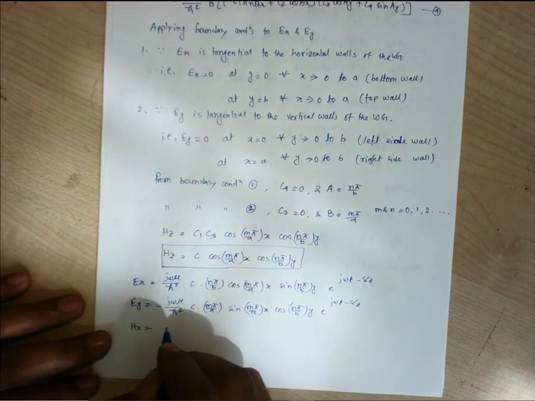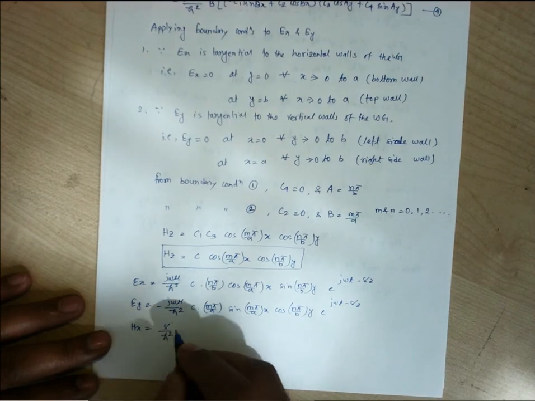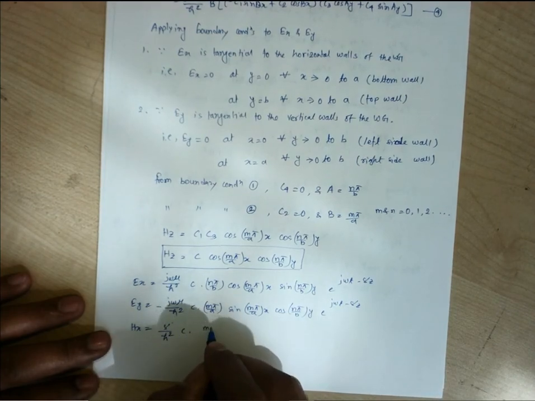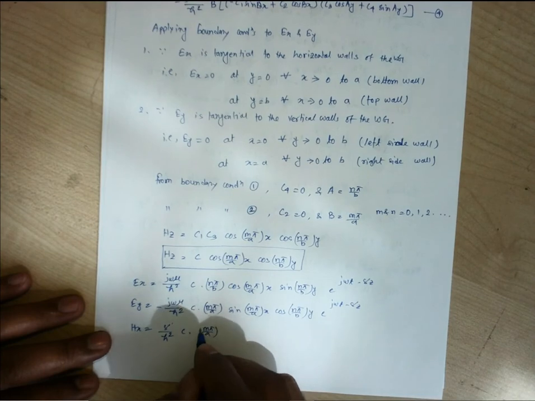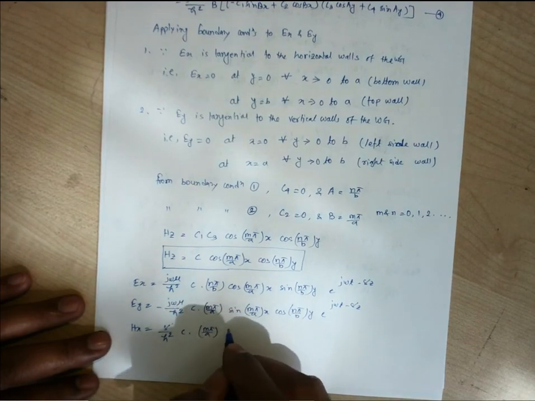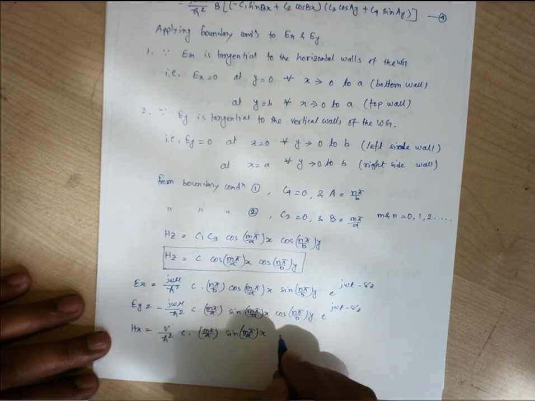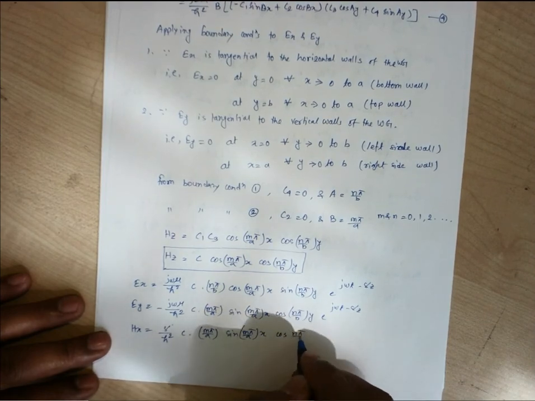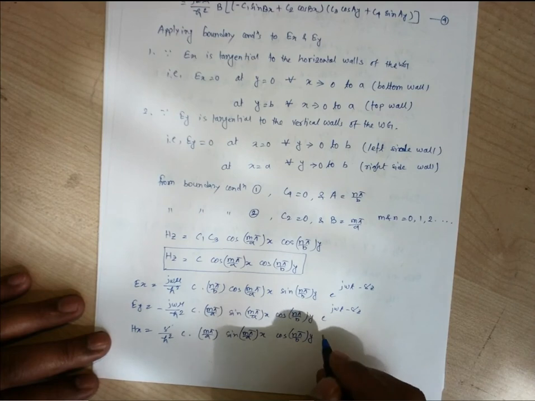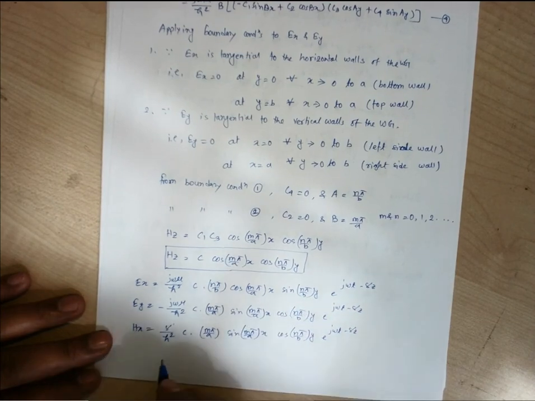Hx is gamma by h square c into m pi by a sin m pi by a x cos n pi by b y e to the power j omega t minus gamma z.